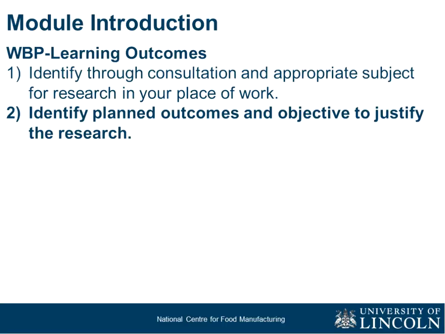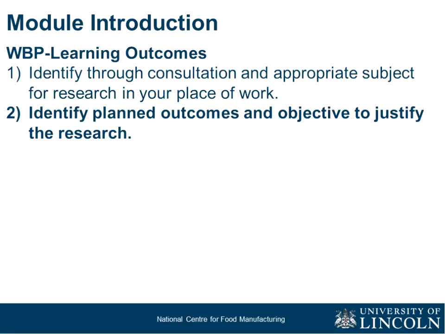Now, the second thing students will be able to do at the end of the module is to identify planned outcomes and objectives to justify research. If you are doing any particular research, now this is a work-based project, you want to be able to identify the planned outcomes of the research and then tell us why this is very important. Give us the reason, the justifications behind your research.